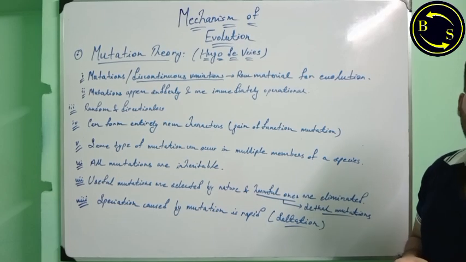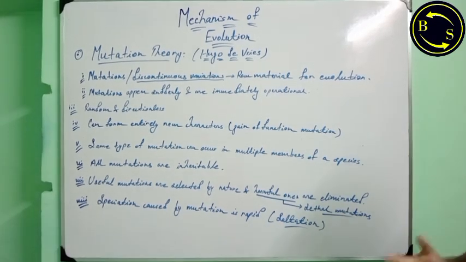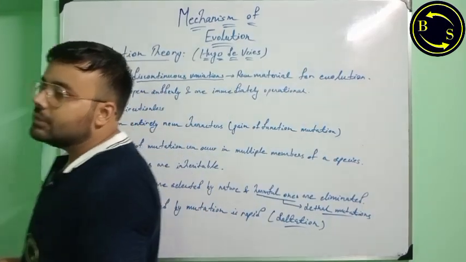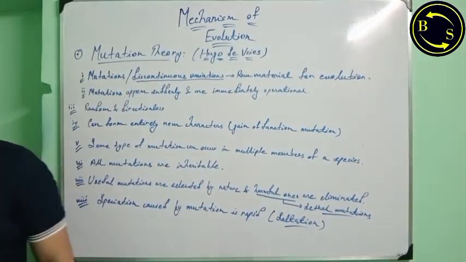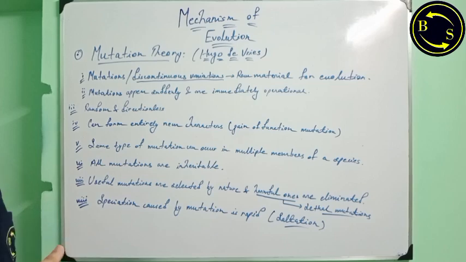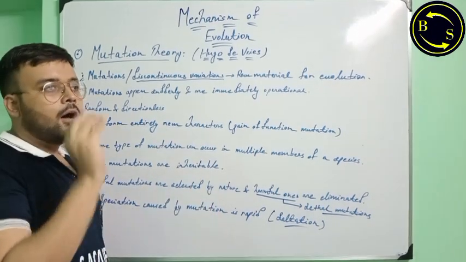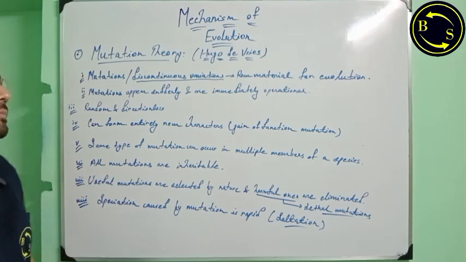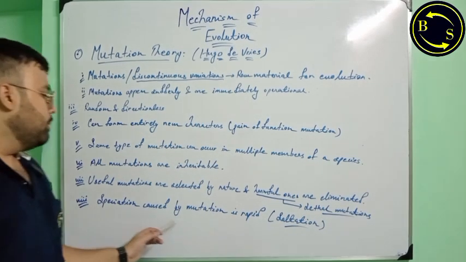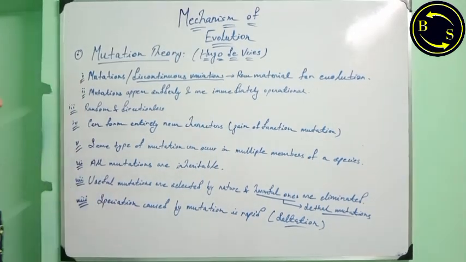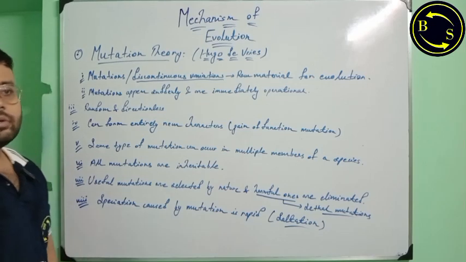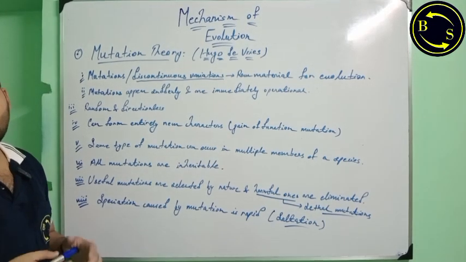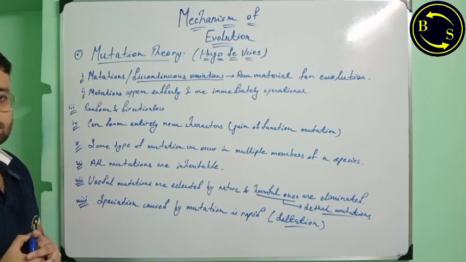And speciation by mutation is rapid. Hugo de Vries termed this saltation evolution. Saltation means to jump, a great leap in the evolutionary pathway, because mutation produces an entirely new character which can be inherited, which can greatly enhance the survivability of a species.